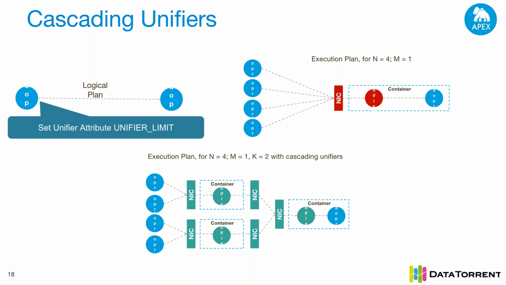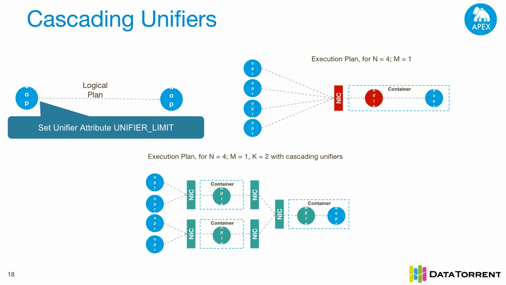For example, in this slide, k is your unifier limit, and n by m are the partitions, where the n operator has 4 partitions and the downstream operator has 1 partition, while k ensures that all of your unifiers have only 2 input streams, and that's how the cascading unifiers are introduced by the platform.